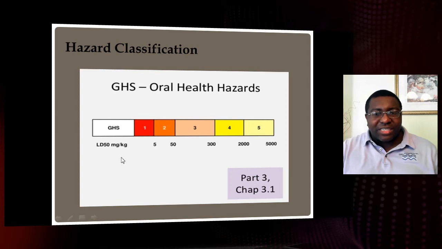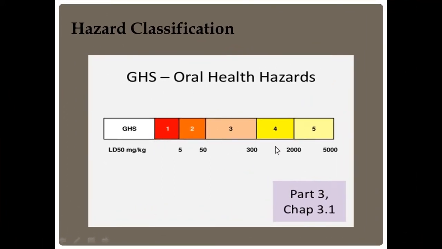So you're looking at your concentration here on the bottom line from 0 milligrams all the way up to 5,000. And if half of the test subjects die after 5,000 milligrams of exposure to whatever that hazardous substance is, then it's going to be a 5, as opposed to something dying with 0 to 5 milligrams of exposure.